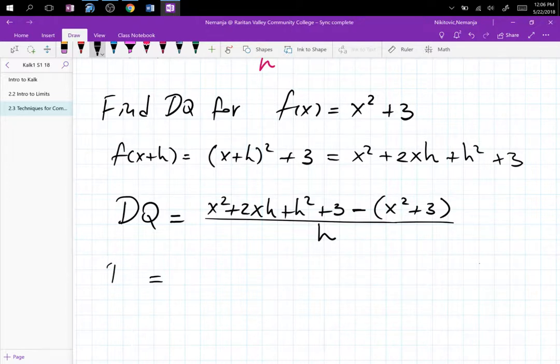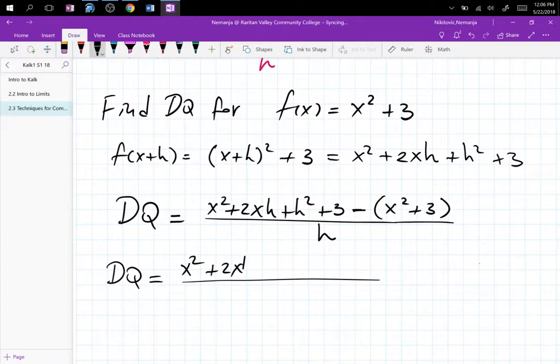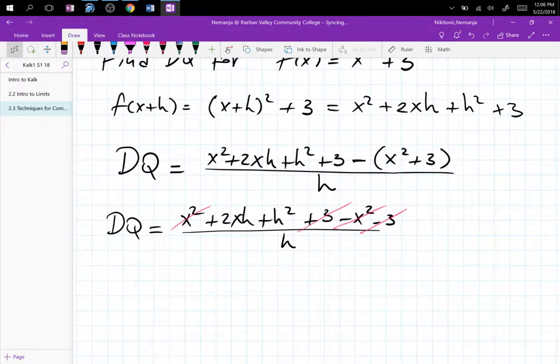So now, get rid of the parentheses. I shouldn't be writing this, I should be skipping the step, but minus x squared minus 3 when you get rid of the parentheses. And this is where you see that x squared and x squared cancel, and positive 3 and negative 3 cancel, leaving you with 2xh plus h squared.